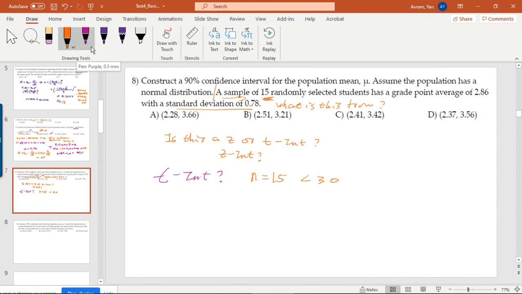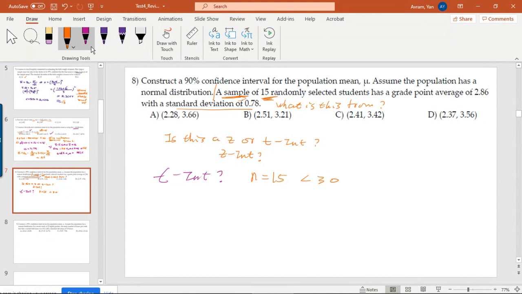Now you have to break down the English sentence structure here. A sample of the 15 students. These 15 students are not an entire college or entire class, but just a what? A sample. Do you agree?